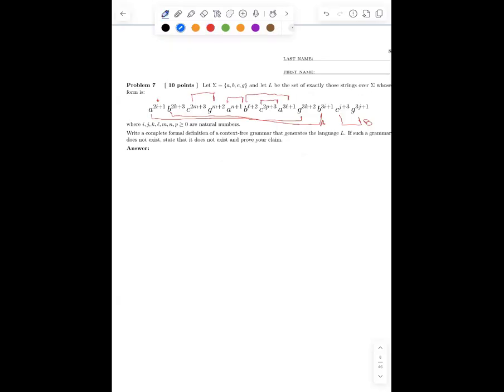So again, you need to write the context-free grammar. Don't forget to use G, V, sigma, P, S. Sigma, I'm using the letters again, A, B, C, and G. And then I have my V, which we are gonna write at the end once we know which letters we use.